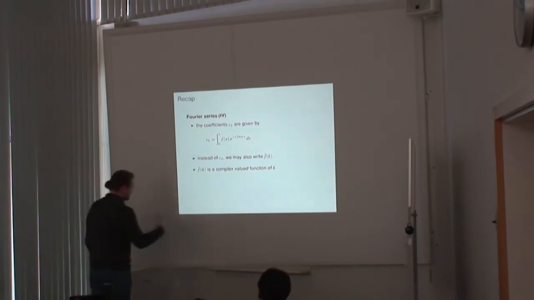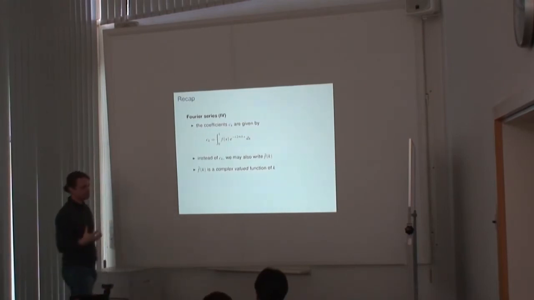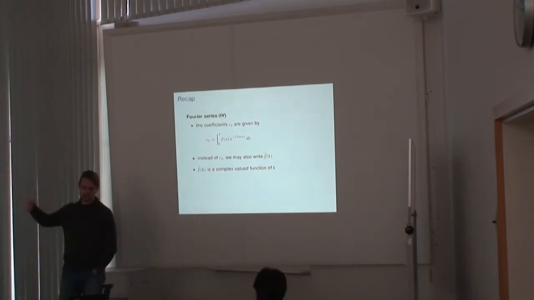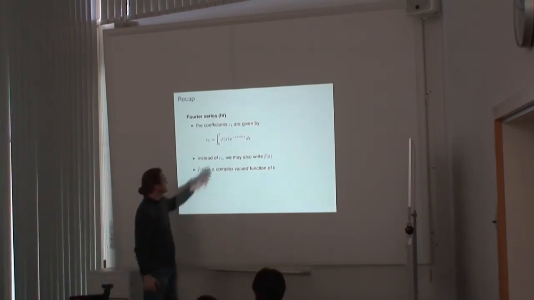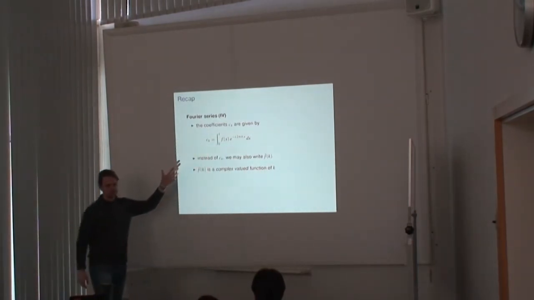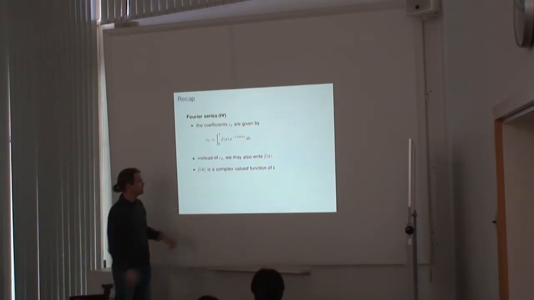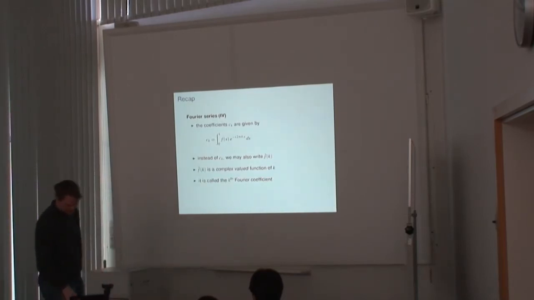And once again, the important thing to note is that this f hat of k, this integral over here, is a complex valued function. K is a natural number, minus n plus 1, and so on up till some n. The result of evaluating this function at k is a complex number. So the function depends on a natural number, but it produces a complex value. And we called it the kth Fourier coefficient.